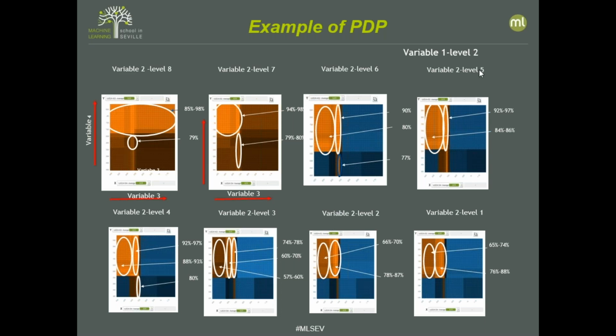But where we could see specifically the biggest area of good results, it could be identified at level 2 for variable 1 and level 8 for variable 2, for this area of variable 4 and variable 3. This has been very helpful for us in order to confirm the result of the process by putting these variables in this area of operation.